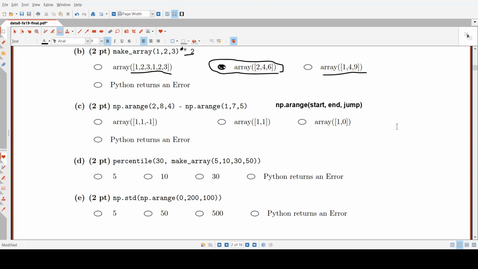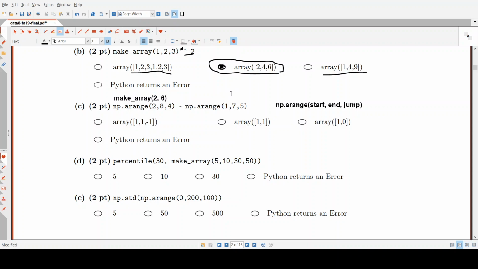So it'll create an array that starts at the start value and will keep jumping by the jump amount until you hit the end, but not including the end. So np.arange of 2, 8, 4 would give the same thing as make_array of, you start at the start, so 2, comma, 2 plus 4 is 6. And then 6 plus 4 would be 10, but that exceeds the end, so we're done there.